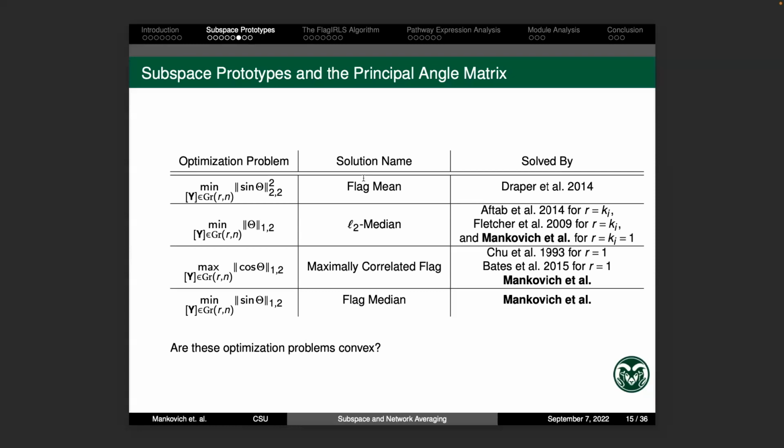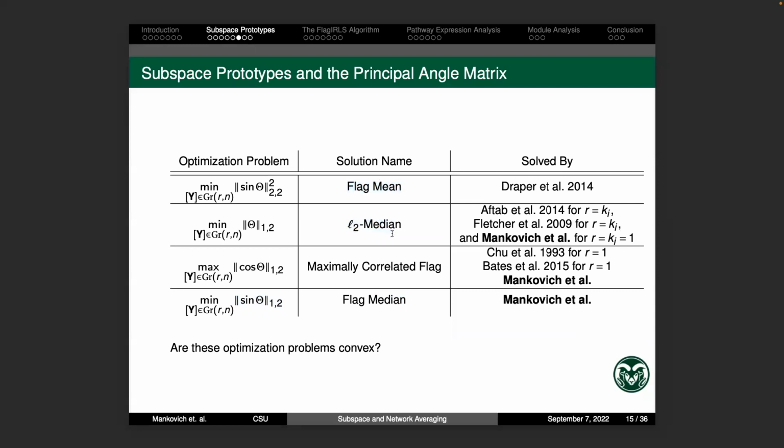These other subspace prototypes. There's this L2 median. There's this thing called the flag mean. And what we saw in that last example is that this prototype is best. So now the question is, is this flag IRLS algorithm that I introduced actually any faster than the state-of-the-art algorithm to compute the L2 median and the flag mean?